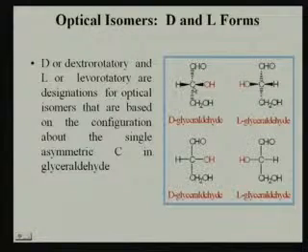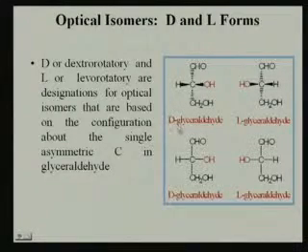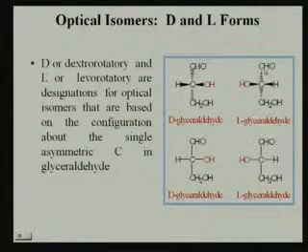If we see this chiral carbon, which is far from the carbonyl carbon, the hydroxyl group is on the right side, indicating the dextrorotatory D form. Whereas in this structure, the hydroxyl group is on the left side, indicating that it is the levorotatory L form.